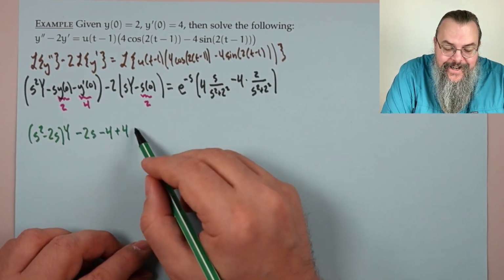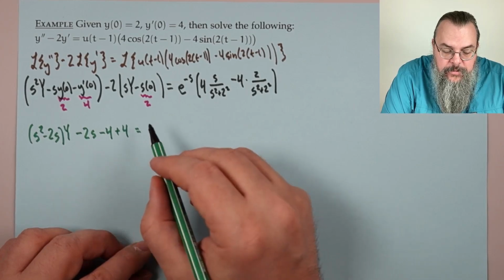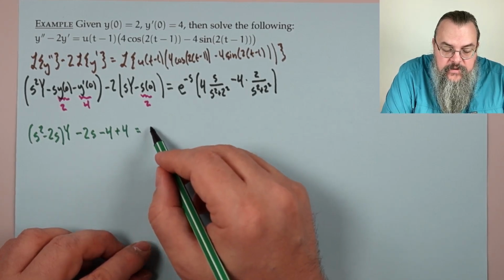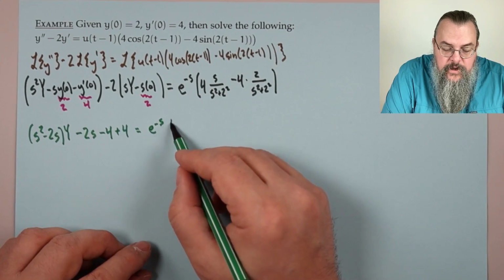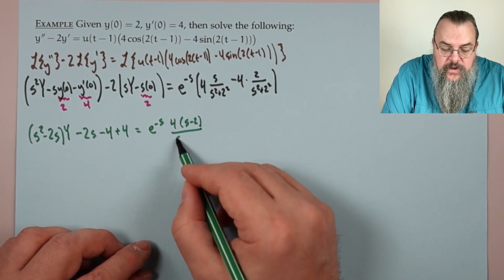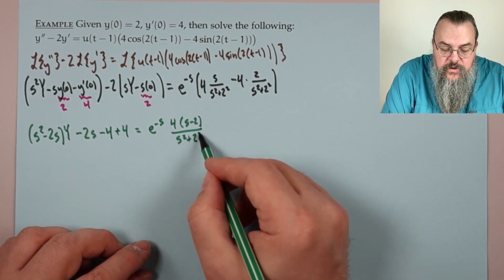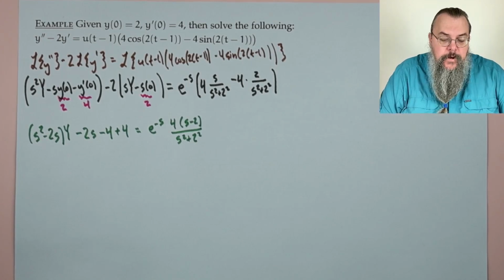Nice. All right, on the other side, well, we can certainly put things together. We can write this as e to the minus s, and then we can have 4 times s minus 2 over s squared plus 2 squared. Okay. All right.